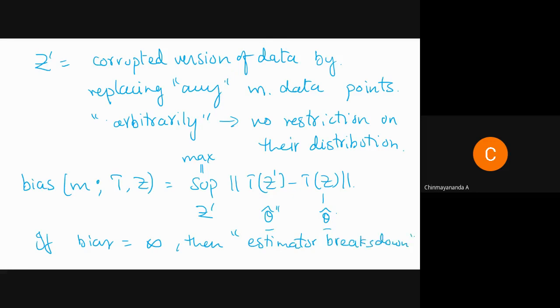So this is the terminology to be rigorous. If bias is infinity, then the estimator breaks down. And how do we define the breakdown point? We call breakdown point this quantity epsilon star (p, z), which is the minimum of m by n.